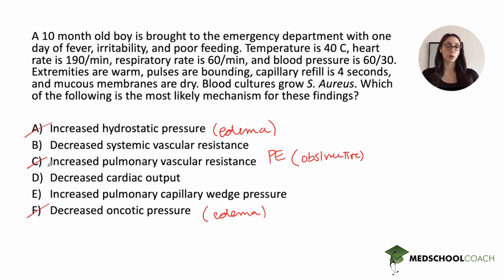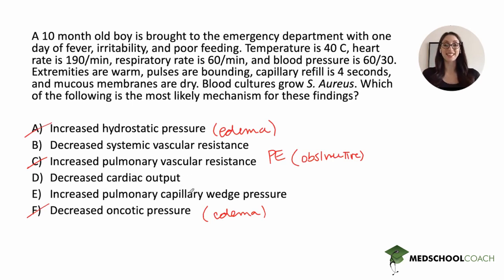Then let's look at answer choice D, decreased cardiac output. So this is the primary disturbance in a different type of shock. Do you know which one? It's cardiogenic shock. So in cardiogenic shock, decreased cardiac output is the primary disturbance.